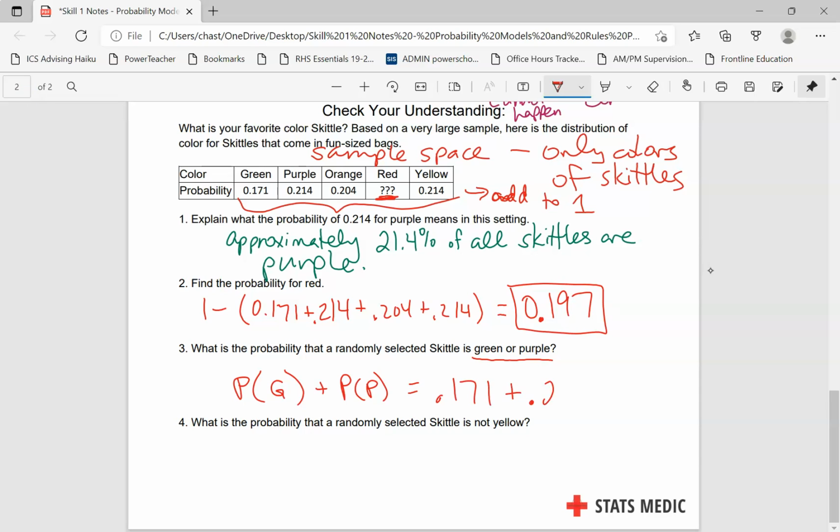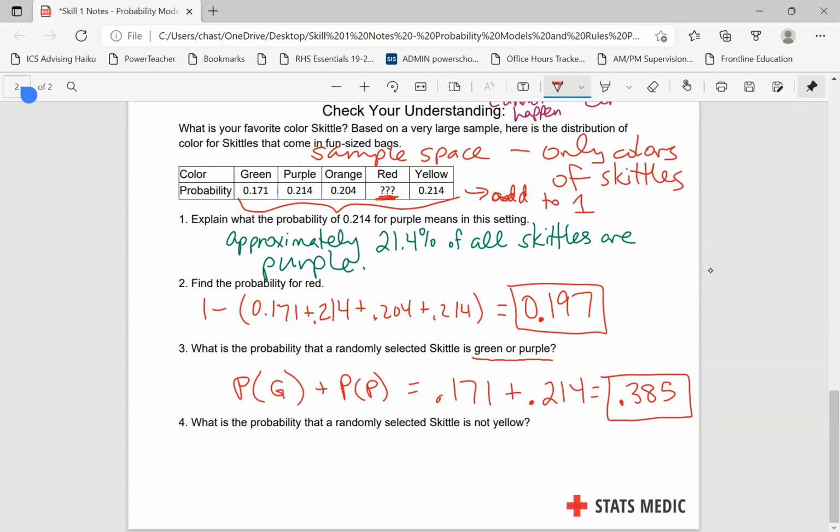Probability of purple is 0.214. We're going to add those together, so again I'm just going to go to my calculator, and we get 0.385. So about 38.5% of all the Skittles are green or purple. So if those are your favorite colors of the Skittles, then good. Over a third of the bag is made up of those.